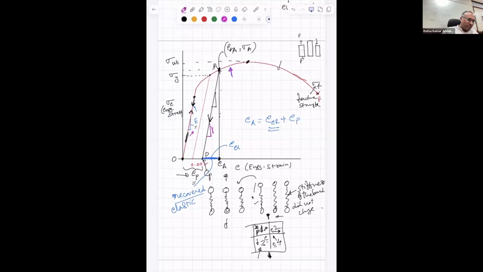And hence, it is better to load the specimen up to some value and then unload it, and measure the slope of that line. That will be your elastic property, so that will be your elastic modulus. Is that point clear? Yes, sir. Any questions here?